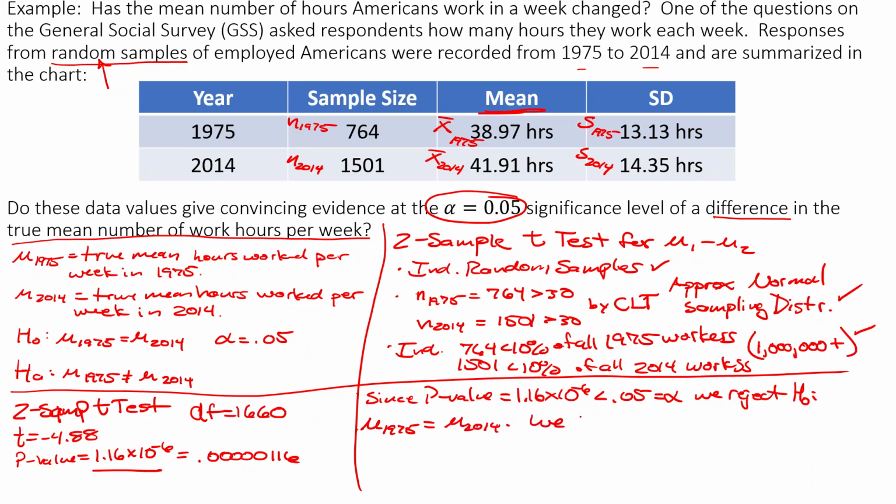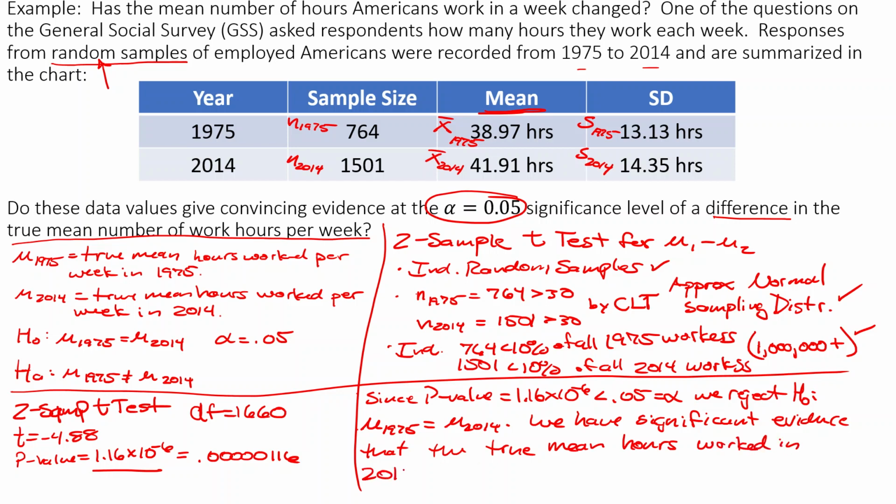So that means we have significant evidence that the true mean hours worked in 2014 is different, or is not equal, from the true mean hours worked in 1975.